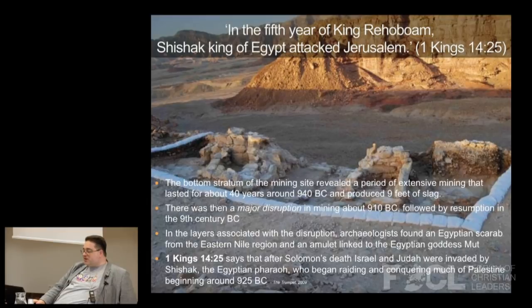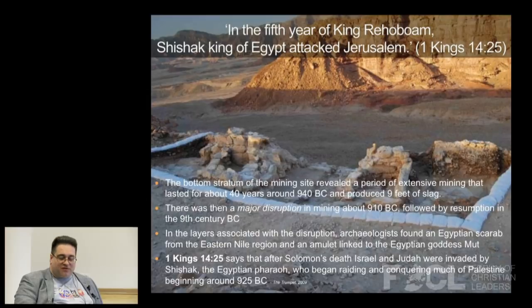1 Kings 14:25 says that after Solomon's death, Israel and Judah were invaded by Shishak, the Egyptian pharaoh, who began raiding and conquering much of Palestine beginning around 925 BC. So again, linked with the biblical stories.